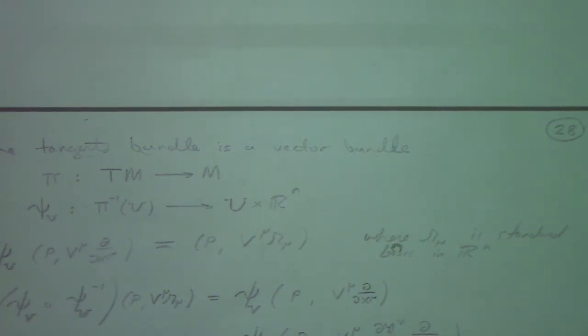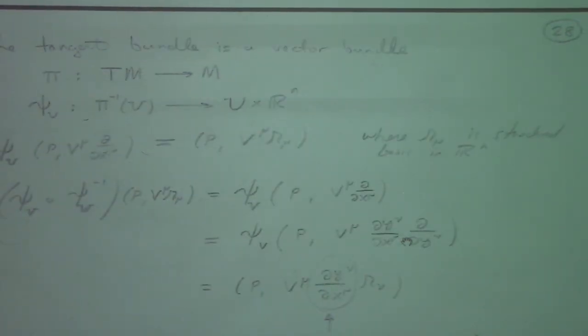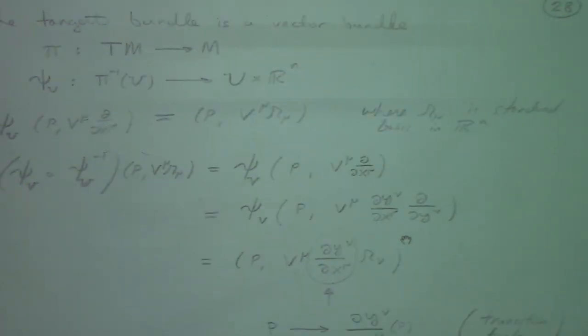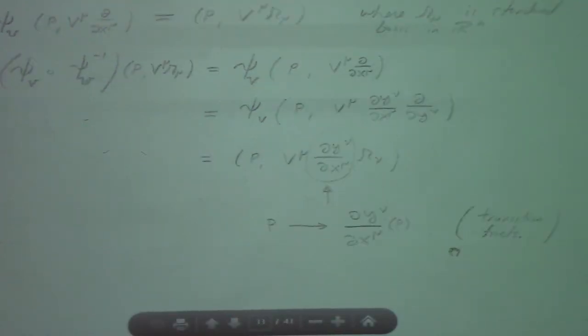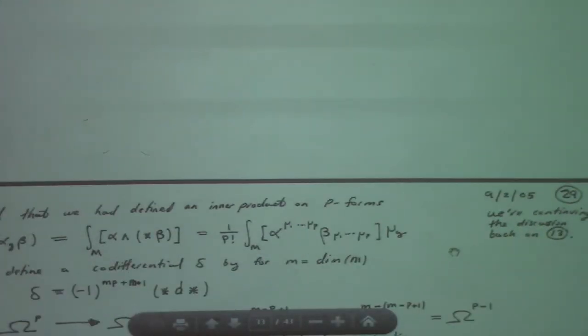So that's essentially the adapted coordinate chart I wrote for you guys. Well, not exactly, but it seems awful related. If you look at overlap, you end up with the transition functions, which are assumed to be smooth. All right, we talked about that.